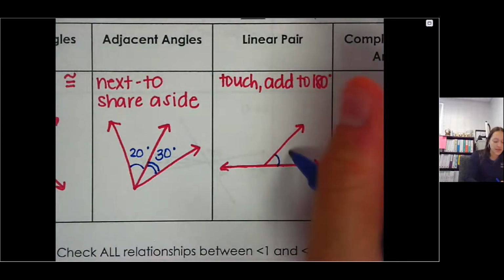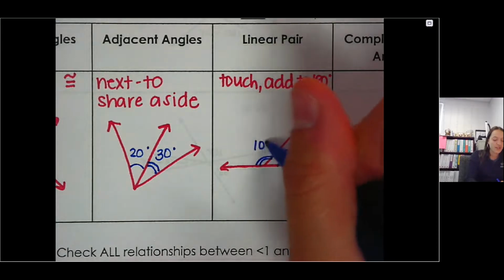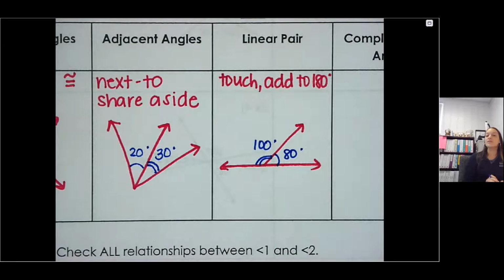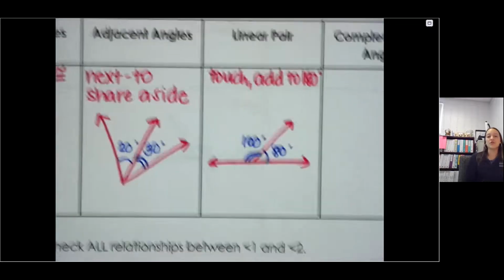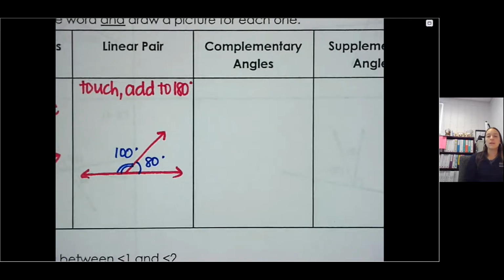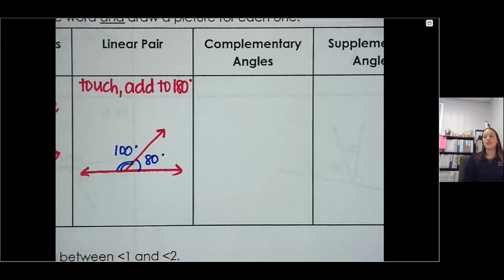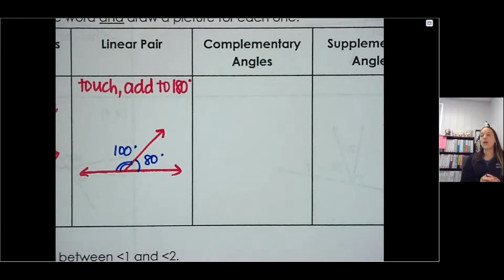So like if this one's 80 degrees, that means in my picture, the other one is 100 degrees. I do think it's nice to add in those angle measures just so you have something for your picture so you remember what it looks like. Okay. Linear pair, they have to touch, and it adds up to 180 degrees.